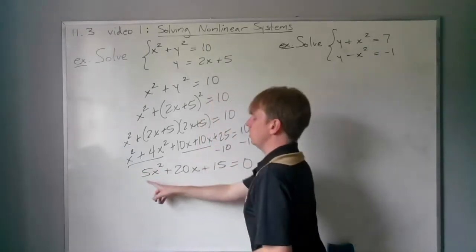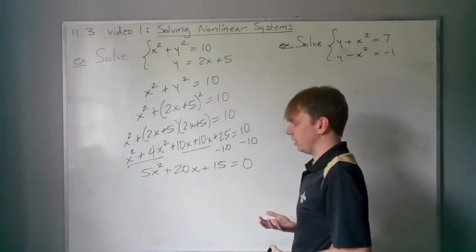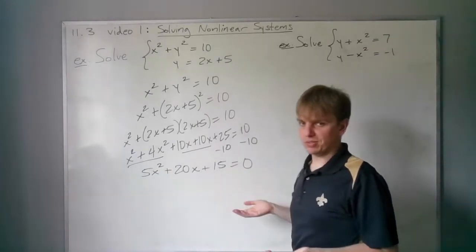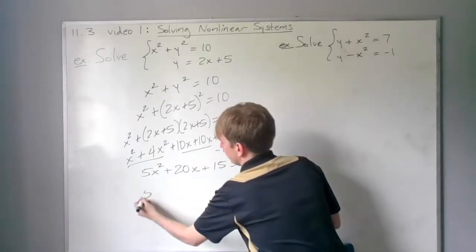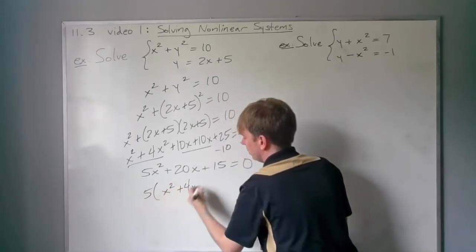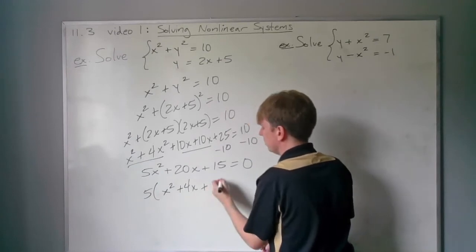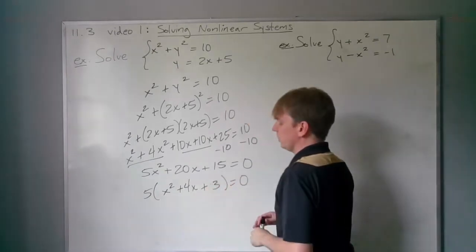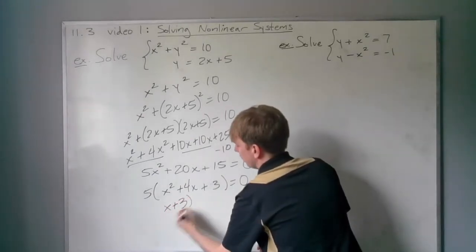Okay, notice something. We can use the quadratic formula, we can use the AC method, but everything's a multiple of 5. We should factor out 5 first. So if I factor out 5 or divide both sides of the equation by 5, that's also okay. We end up with x squared plus 4x plus 3 inside the parentheses, which factors as x plus 3 times x plus 1.